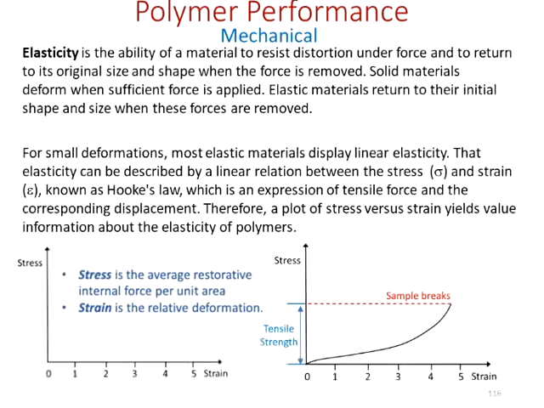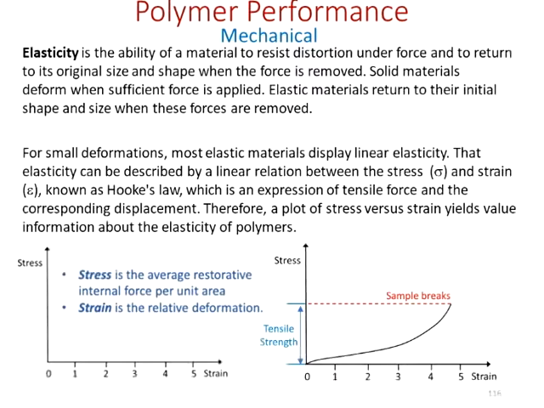Solid materials deform when sufficient force is applied. When you put enough force on it, solid materials will deform. Elastic materials return to the initial shape and size when these forces are removed. Now, for small distortion, most elastic materials display linear elasticity.